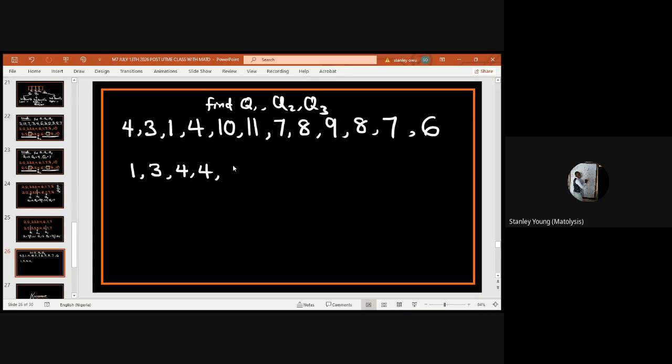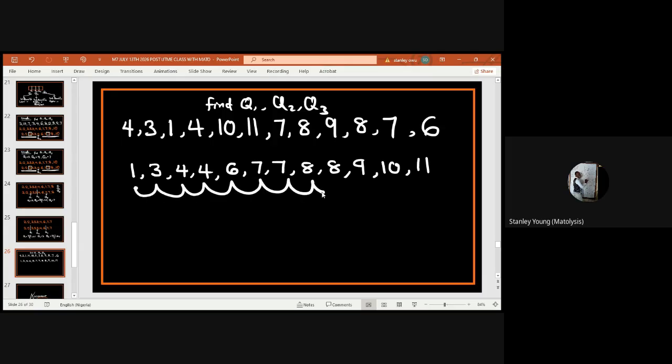There is a 6, which appears once. 7 appears twice, 8 appears twice, 9 appears once, 10 once, 11 once. So you have to count to be sure that you have the right figure. 1, 2, 3, 4, 5, 6, 7, 8, 9, 10, 11, 12. We have the right figure.